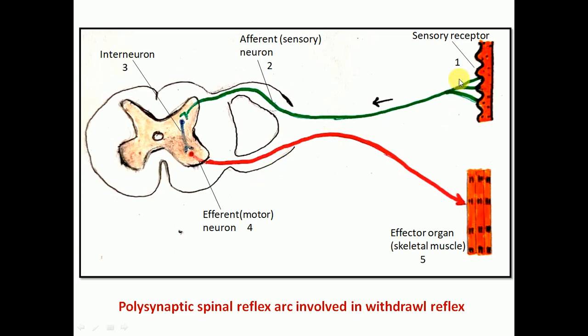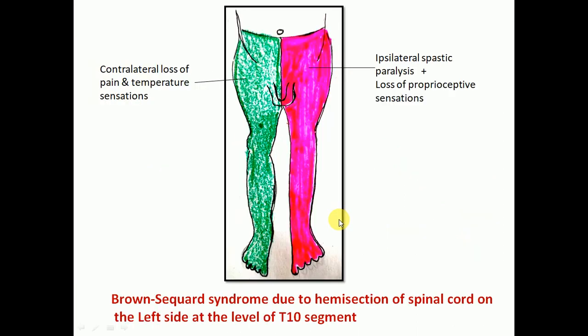First component is the sensory receptor, then the afferent neuron, then the interconnected neuron, the interneuron, then the efferent or motor neuron, and finally the effector organ, skeletal muscle. This diagram shows an example of a polysynaptic spinal reflex arc. Examples are the withdrawal reflexes, or you can say Golgi tendon reflexes.